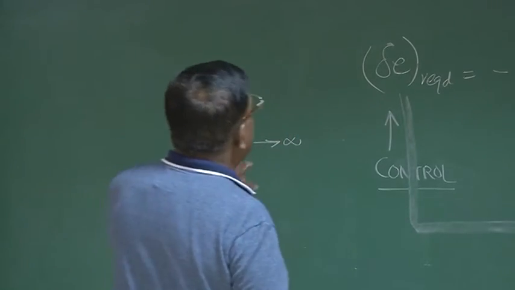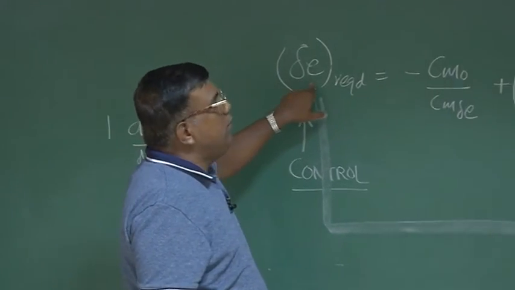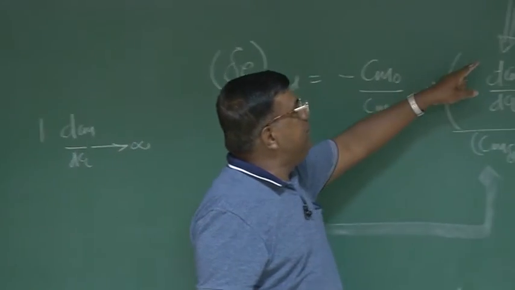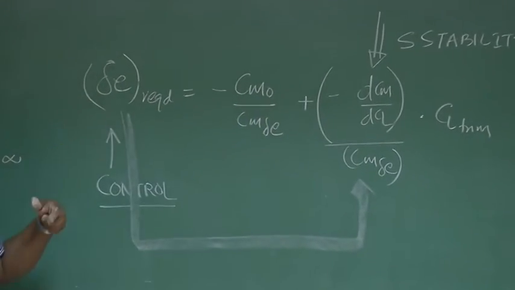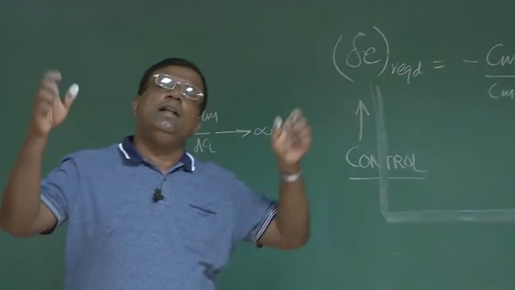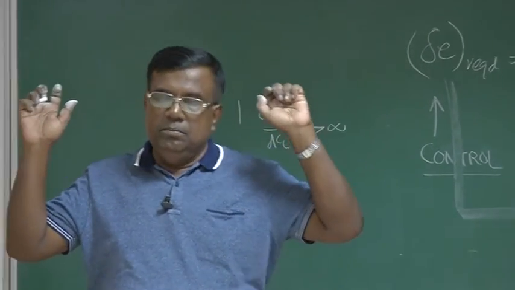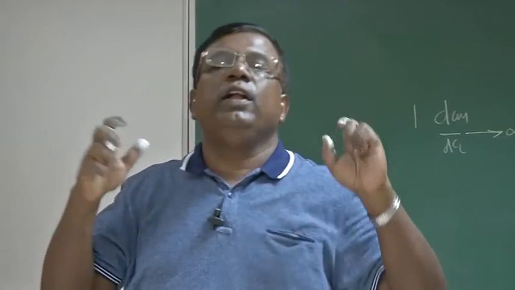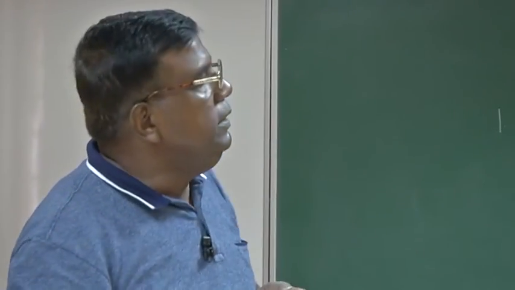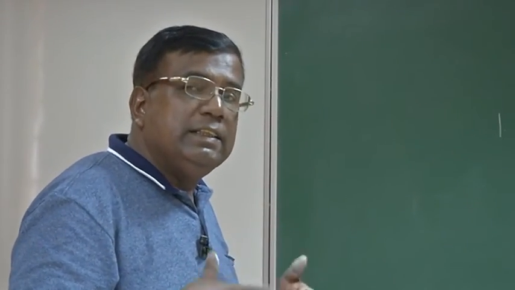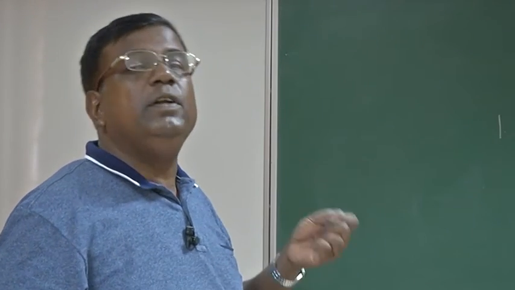What is the meaning then? How much delta E do you require? If this part becomes infinity, delta E also becomes infinity. That means it requires infinite elevator deflection. So what is the physics you are getting out of it? That if I increase static stability, the delta E requirement also will increase.